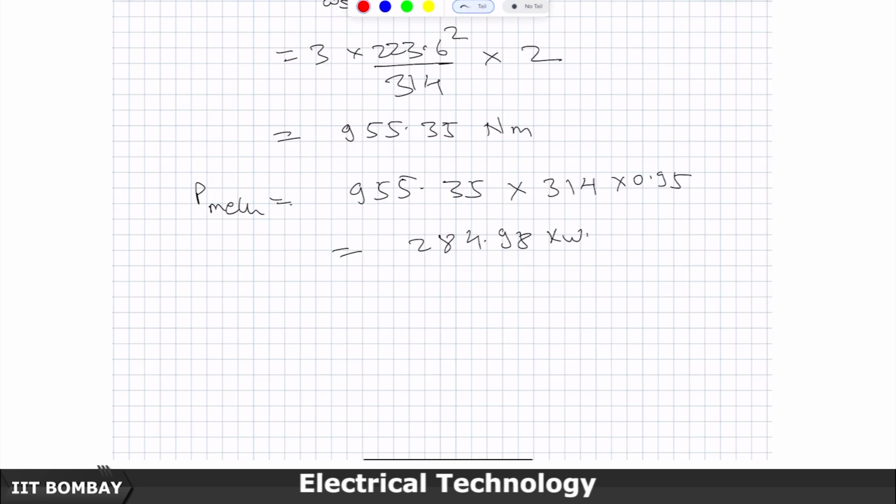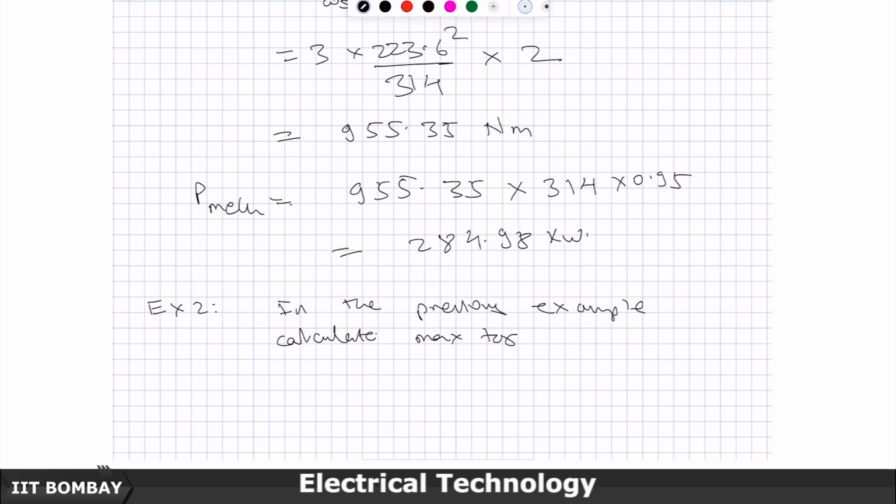So, let us calculate, in the same example, in the previous example, the maximum torque, P max, and the slip at which it occurs.